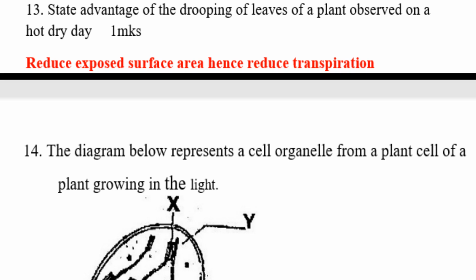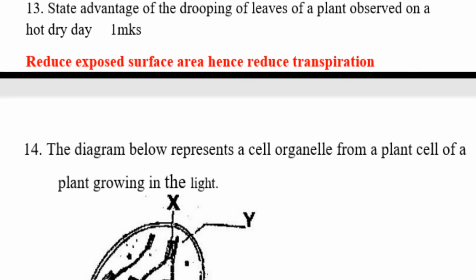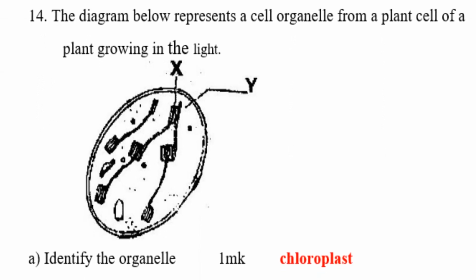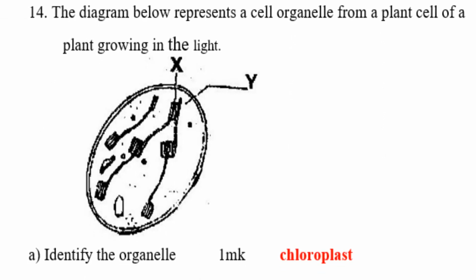Number 14. The diagram below represents a cell organelle from a plant cell of a plant growing in the light. You can see there, that one is an organelle removed from a plant which is in light.